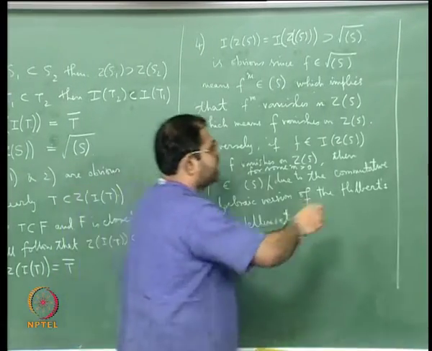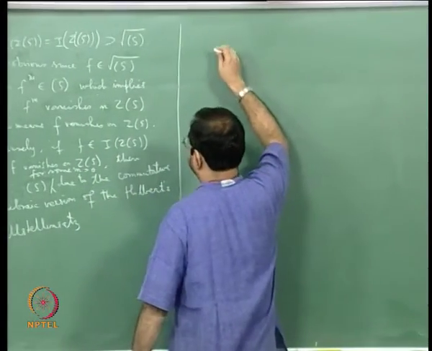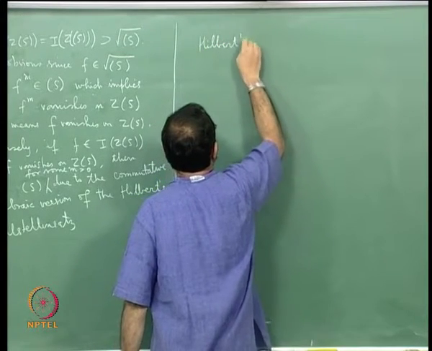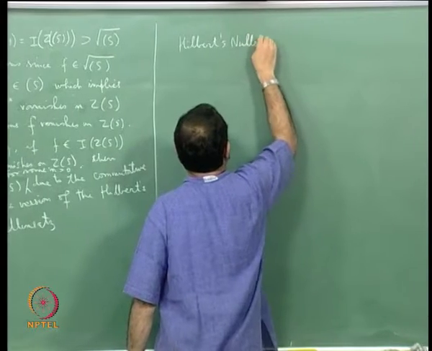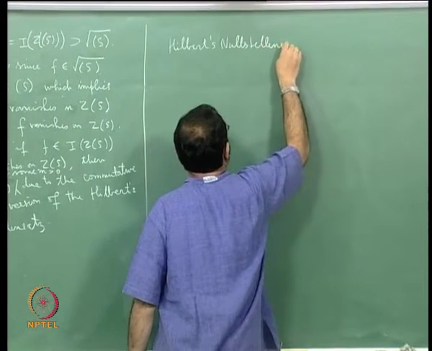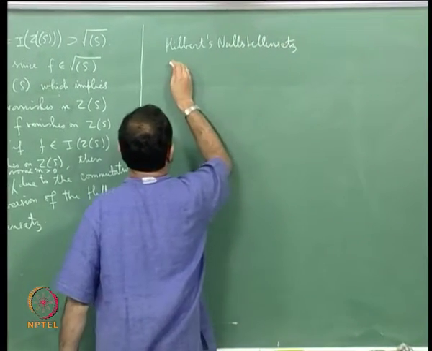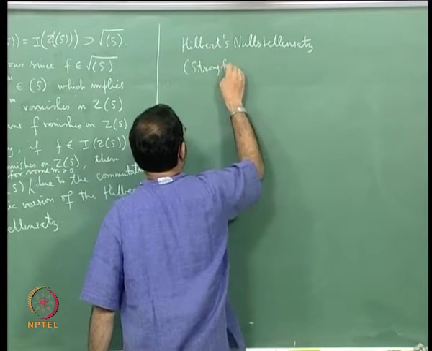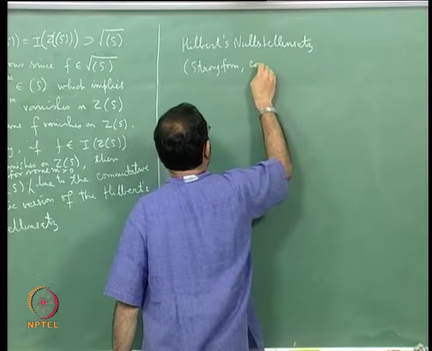So what is the commutative algebraic version? Let me expand on that. So here is Hilbert's Nullstellensatz. So this is what is called the strong form, commutative algebraic.